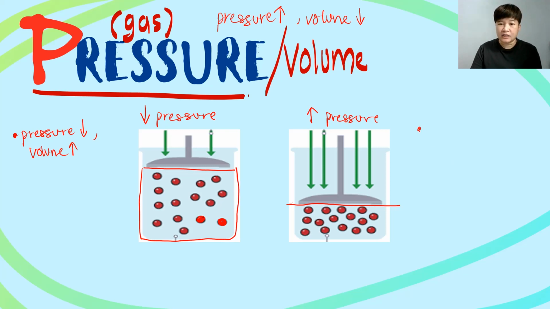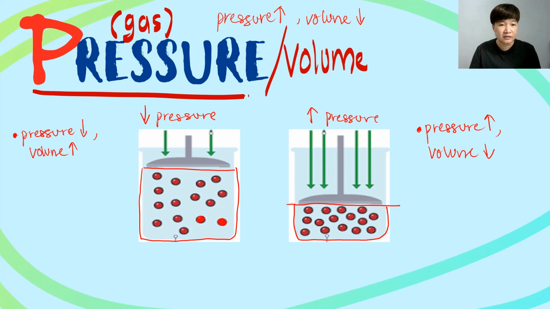Vice versa, if my pressure is very high, I press it very far down. I press it very strong. Automatically, the volume will decrease. Can you see over here? Your reacting particles are only sitting in this small area. So what happens when you have the same number of reacting particles but different pressure? The volume changes. When the volume changes, the distance between the particles also changes.